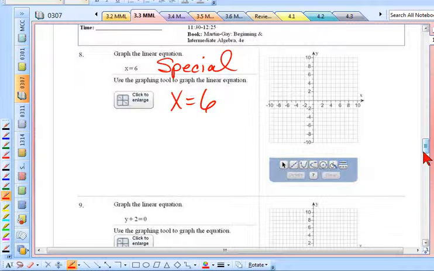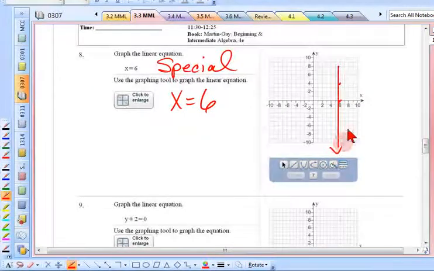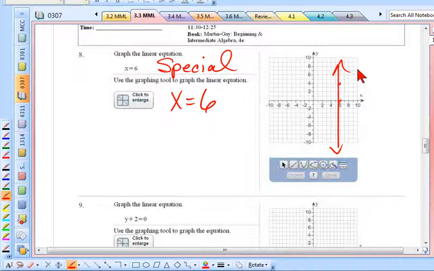X-axis at 6. So I know that that's the first point I'm going to click. Up and down, so pick any other point that is straight above that or straight below that. Close enough. Special line, x equals 6.